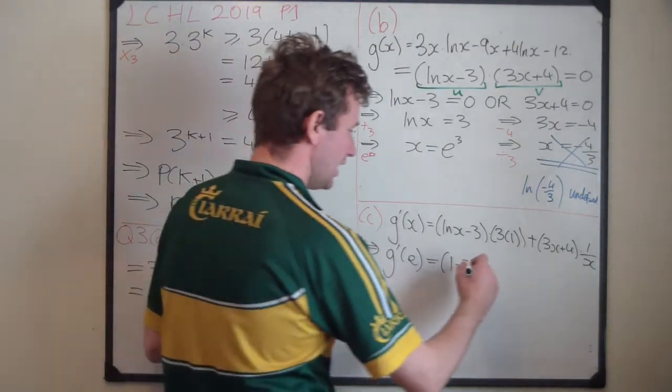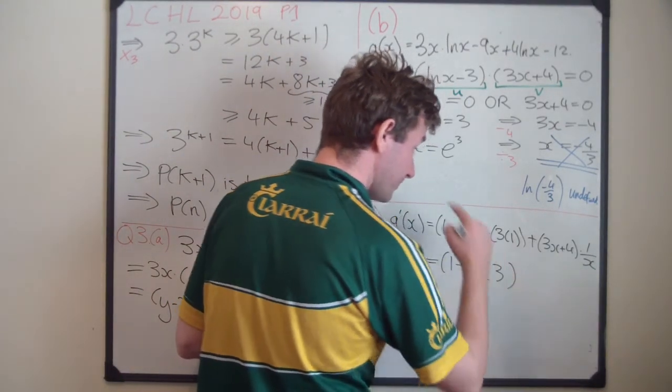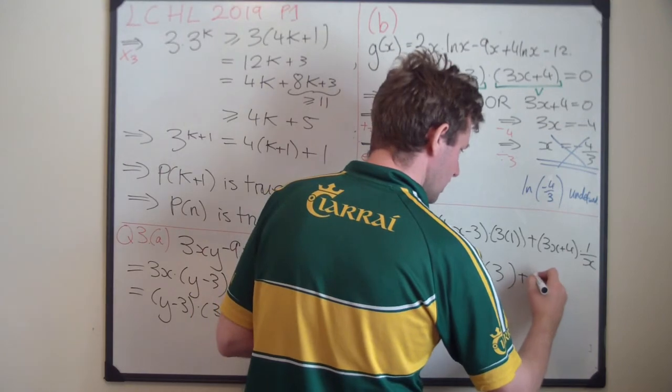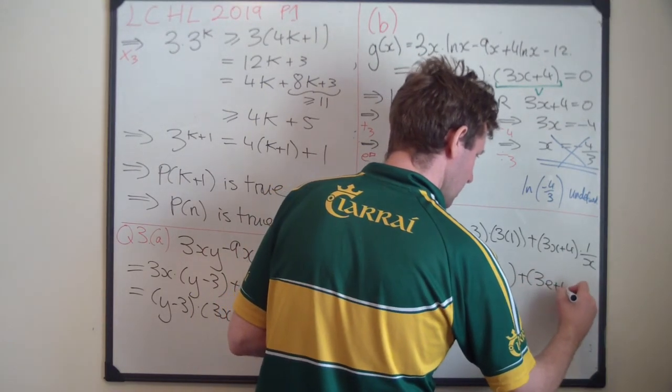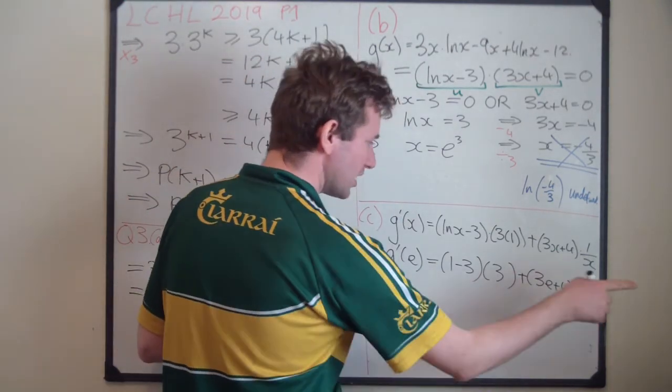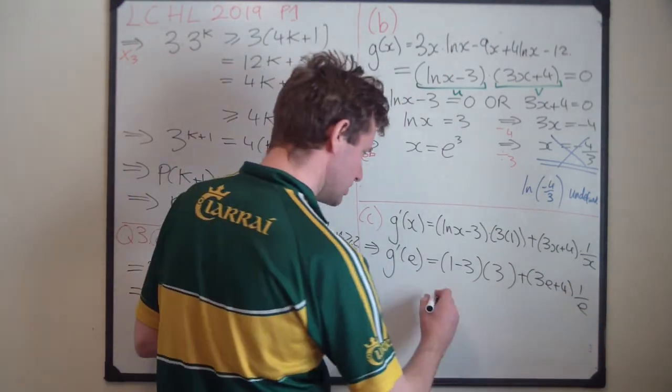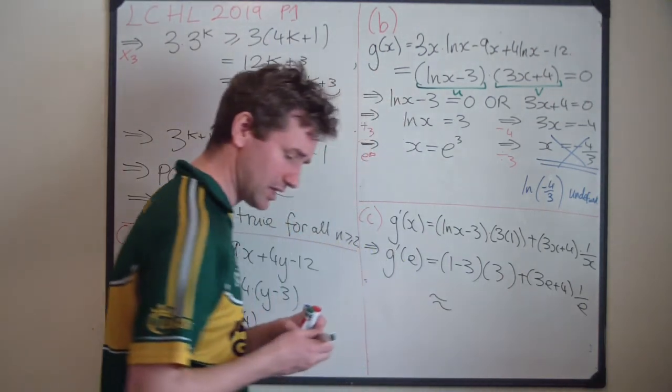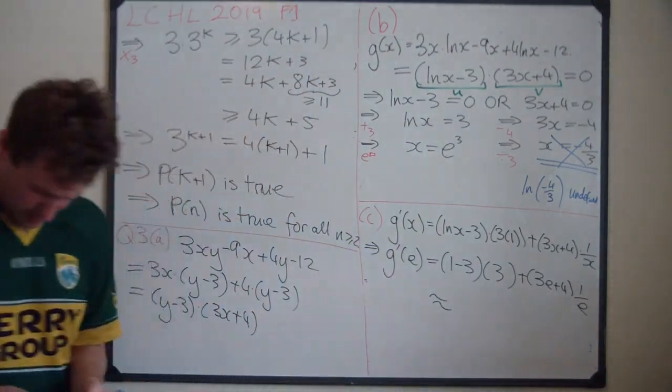So this is 1 minus 3 times 3, plus 3e plus 4 times 1 over e. Normally I wouldn't approximate at all, but it's asking for 2 decimal places, so we'll do it. Let's go to the calculator. A lot of calculators have an e on them.